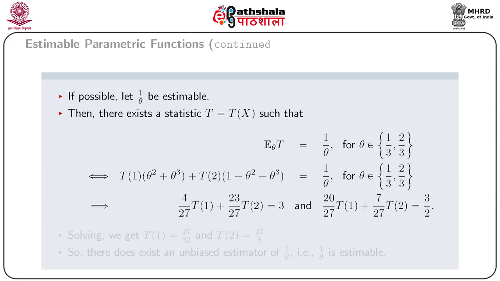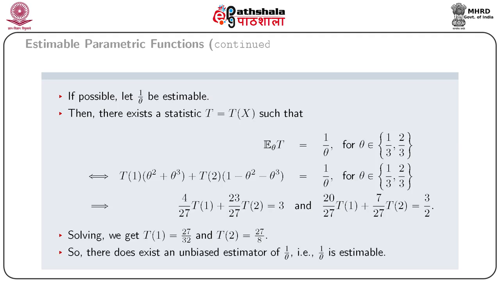Thus we get the following two equations: 4 by 27 into t1 plus 23 by 27 into t2 equals 3 and 20 by 27 into t1 plus 7 by 27 into t2 equals 3 by 2. Solving these equations, we get t1 equals 27 by 32 and t2 equals 27 by 8. Hence, there exists an unbiased estimator of 1 by theta. In other words, 1 by theta is estimable.